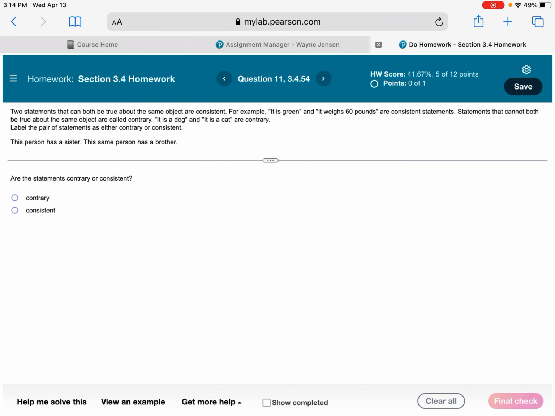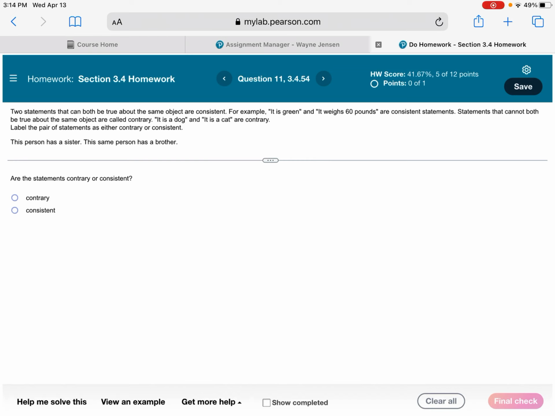Two statements that can be true about the same object are consistent. For example, it is green and it weighs 60 pounds are consistent statements. Statements that cannot both be true about the same object are called contrary. It is a dog and it is a cat. So, okay, let's look at that. Something could be green and weigh 60 pounds. So they're going to describe what those wordings mean.